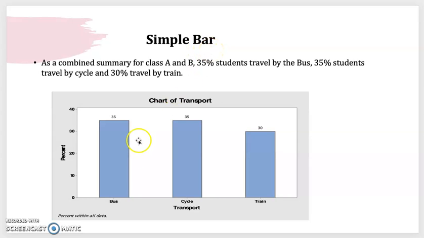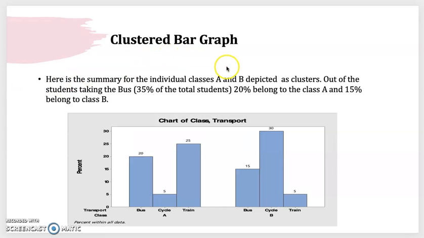But sometimes you don't only want to know the total, right? You want to know for the bus how many students are from class A and class B. So we can change it like this. Here you will see we have the cluster bar graph. The cluster bar graph is the summary for the individual classes A and B. You see here we have class A at the beginning, then the distribution for class B using different modes.